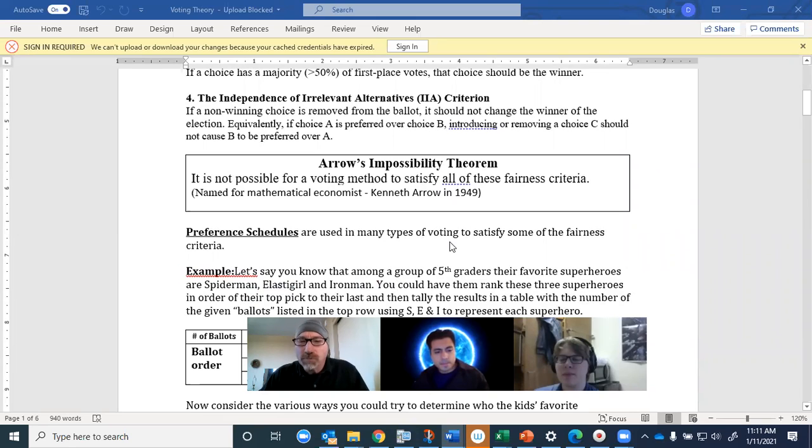One movement happening in this country is states going to what are called preference schedules. This has been going on in Maine for quite a while, but there are new states. Arkansas has used preference schedules, and Colorado, there are states all over.